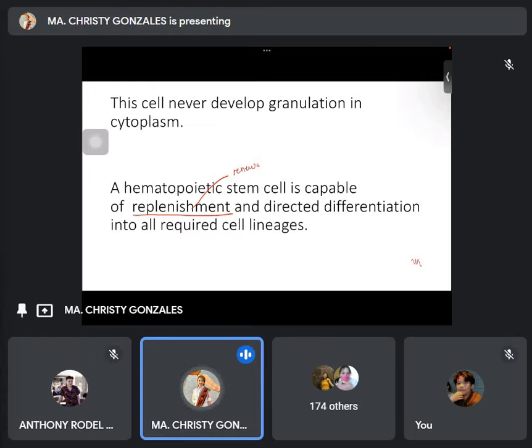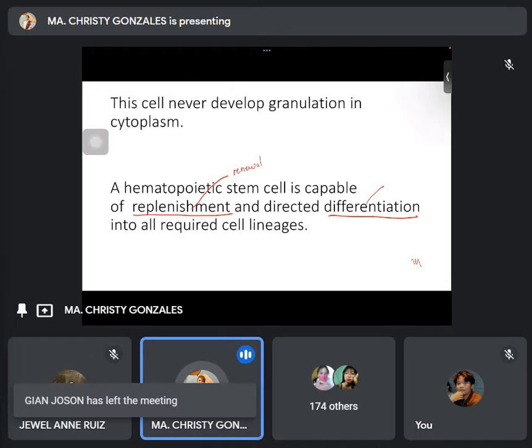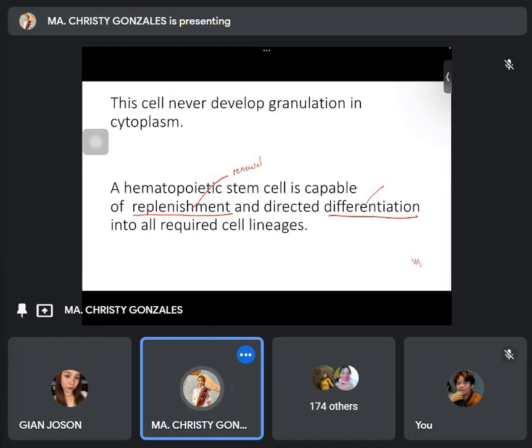So it's true, right? Next, does it differentiate? Yes, it's true. From the pluripotent, we can produce myeloid. So it differentiates into all required cell lineages.